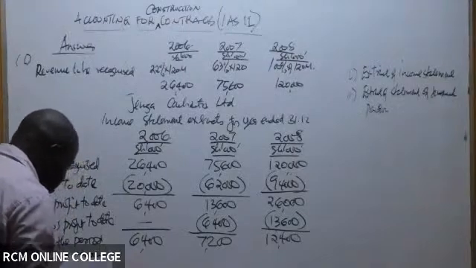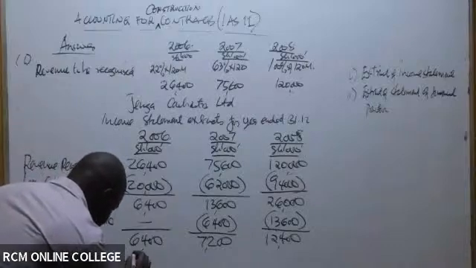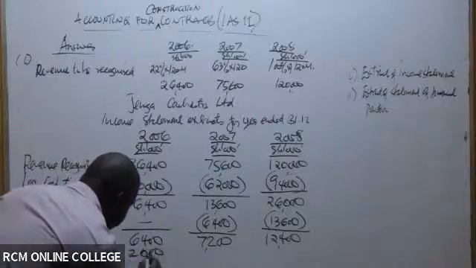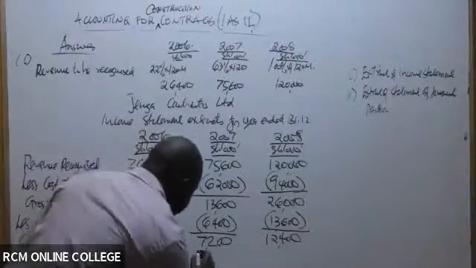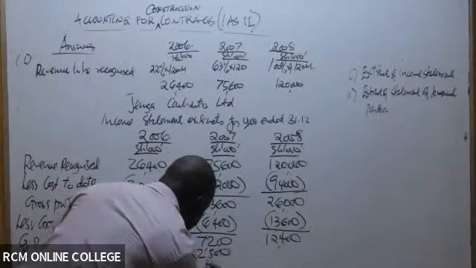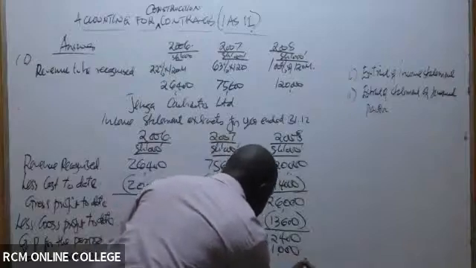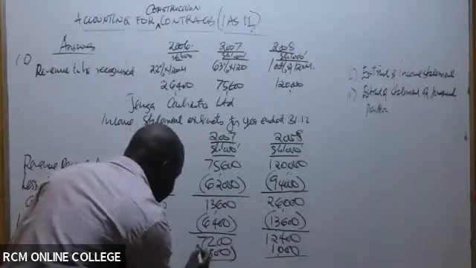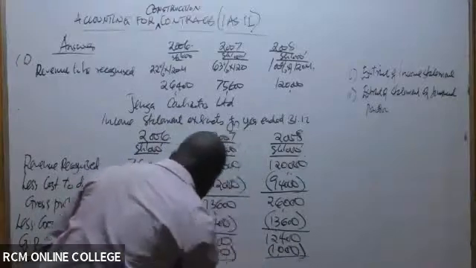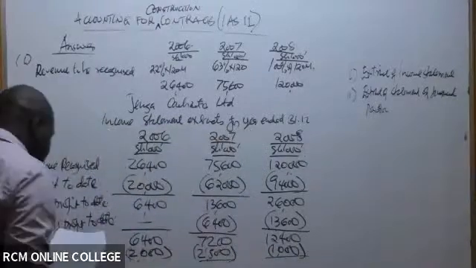For the first year, you've been told the admin expenses were 2 million. For the second year, they were 2.5 million. For the third year, they were 1 million. So you get the difference. You less all these ones so that you can be able to get the net profit for the year.